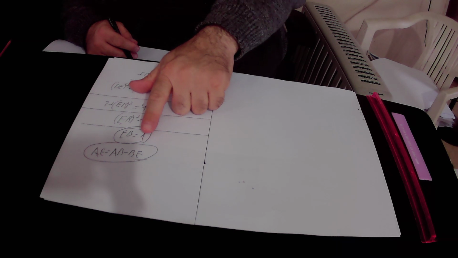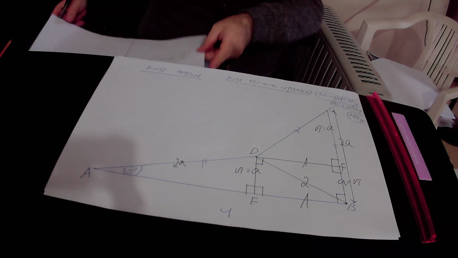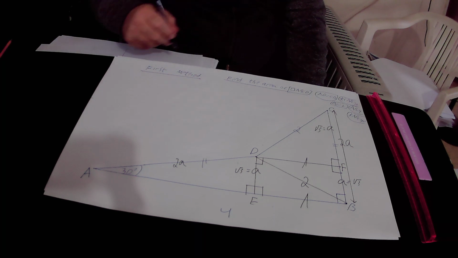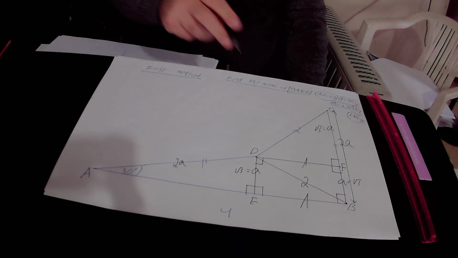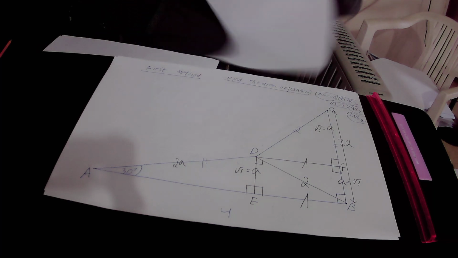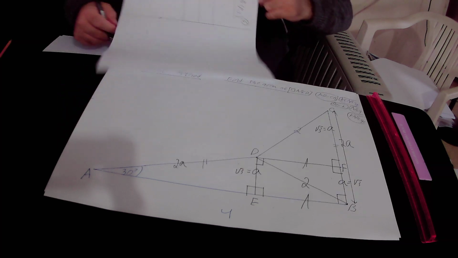You can see it easily from the drawing. So AE equals to AB, that is 4 units, minus BE, that is 1 unit. 4 minus 1 is 3, so AE equals to 3. Again, AE equals to 4 minus 1, that is to say AE equals to 3 units.